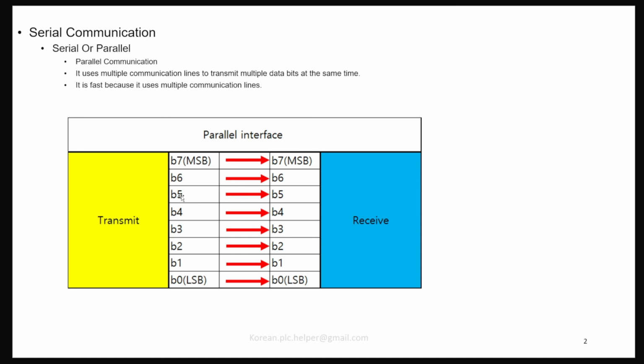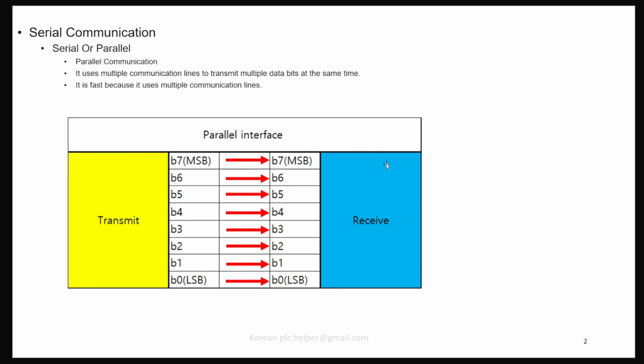Parallel communication transmits multiple bits of data simultaneously through multiple communication lines. Because it uses multiple communication lines, data can be transmitted and received at high speed. So, this is parallel communication.